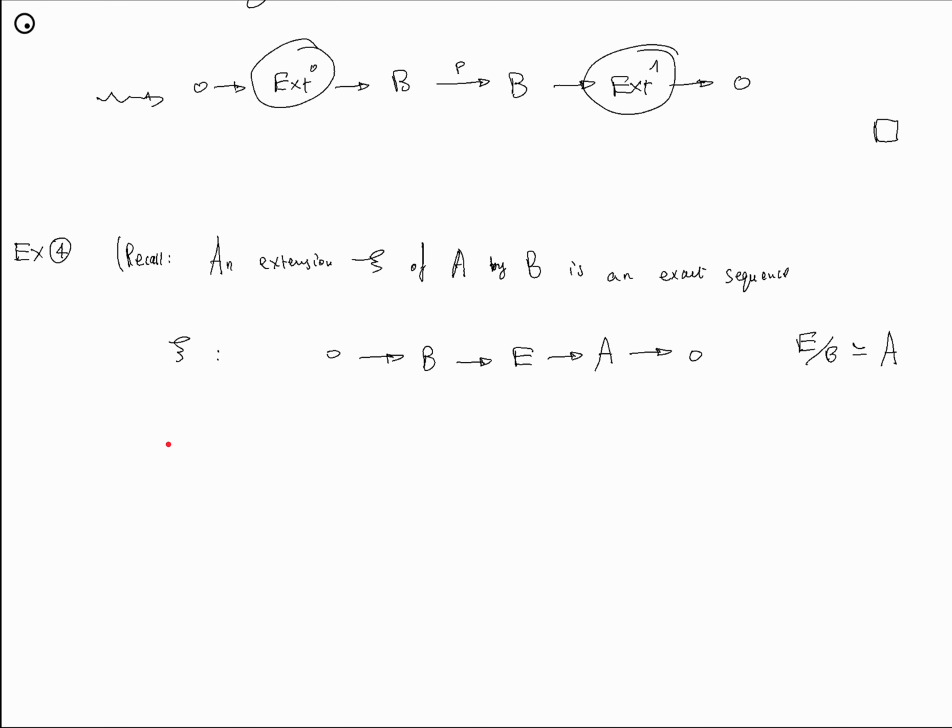And two extensions, let's say E and E prime, are equivalent if we have a commutative diagram of this kind. So you have identity on A and B, and then an isomorphism on the middle term.